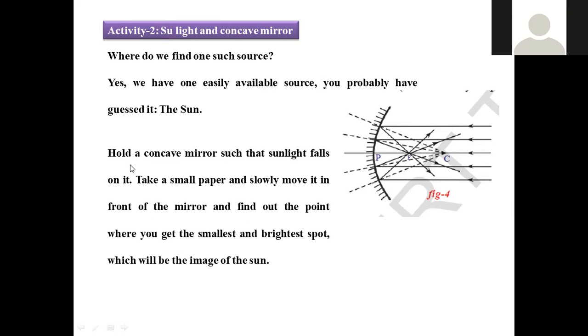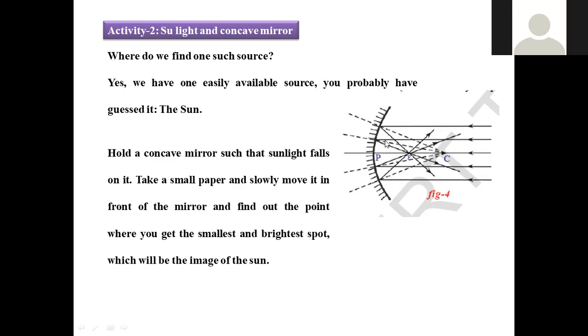Sunlight and concave mirror. Hold the concave mirror such that sunlight falls on it. So the concave mirror, with its inward curvature, was taken, and sunlight is allowed to fall directly on it. We are not taking any other radiation source.